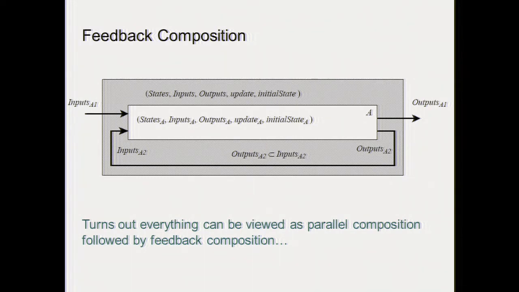Why? Because the communication is between a machine and itself. And what that signal that goes like this says is that in every reaction, I have to have that the output A2 has to be equal to the input A2. Okay? Now, who tells me that that should be the case?